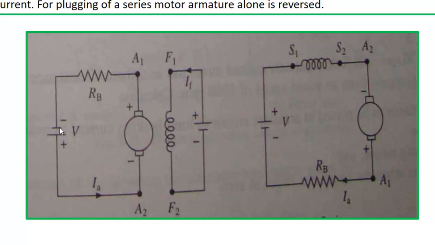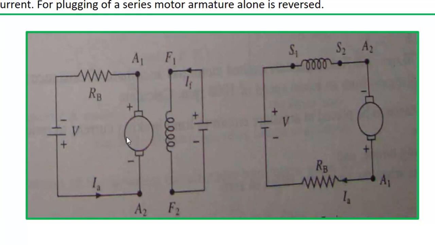So here, in case of a separately excited DC motor, this is the separately excited field winding, this is our armature. Now the source voltage is reversed. When the source voltage is reversed, the motor will try to rotate in the opposite direction. So you can say that negative torque is now developed.